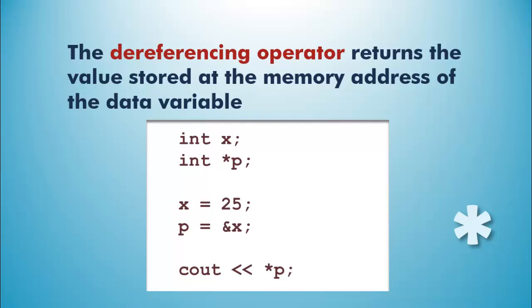The other operator is the address-of operator, and you've already worked with this operator. If you remember when you were passing by reference into your functions, you used the ampersand, and now you know what it means. The ampersand operator says, give me the address of a specific variable.